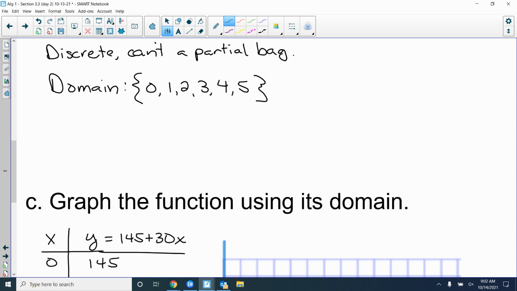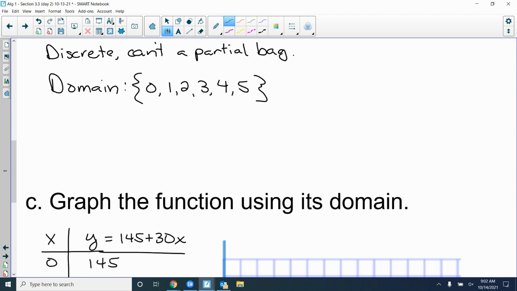Where does the x go? You do 145 plus 30 times x. Because 145 is the base, and each bag is $30. So you're going to go 145 plus 30 times 1 for the first one.